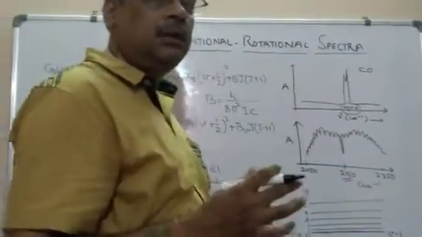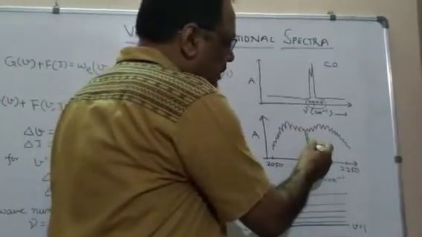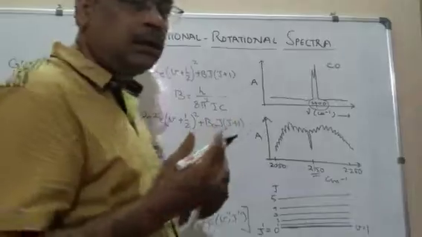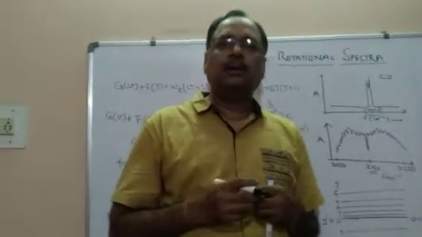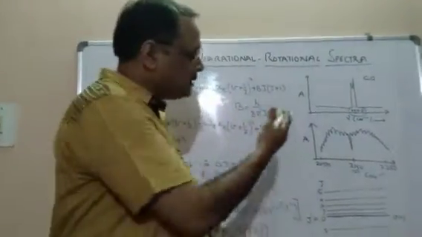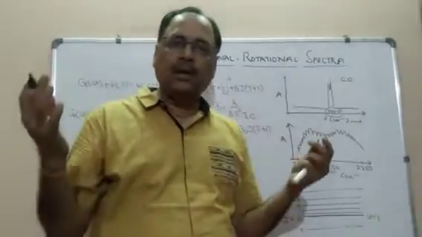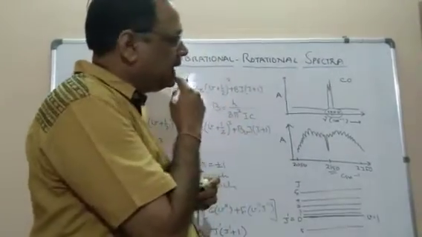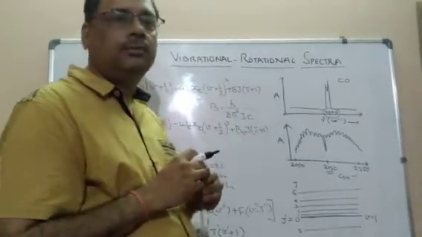I will explain the reason for this null point and what these two branches are. Similarly, in case of HCl, we also get such a wing-like structure. So how do we get this?